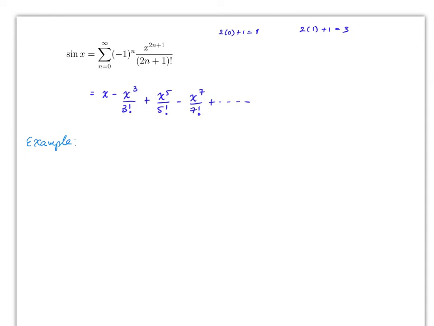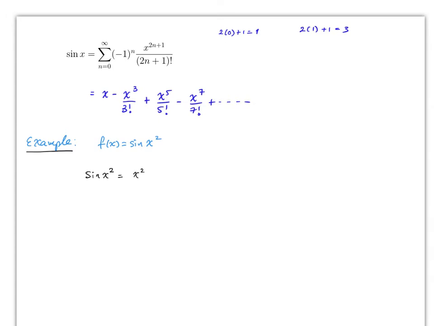let's say we wanted to find the power series representation of f of x equals sine of x squared. All right, so if we use this formula, the sine of x equals this, and obviously therefore equals this, let's see what we get. So therefore sine of x squared, we're just going to replace x with x squared.